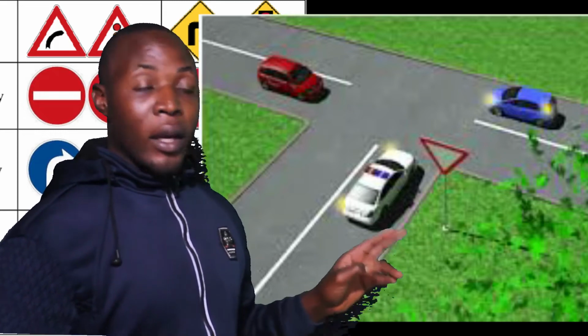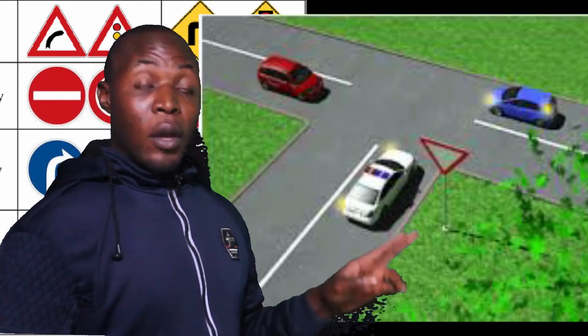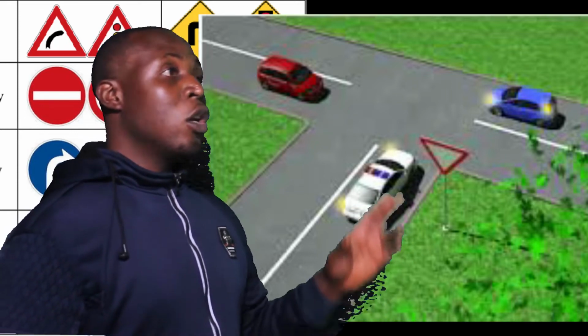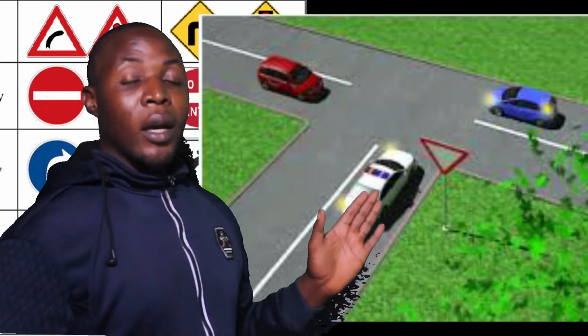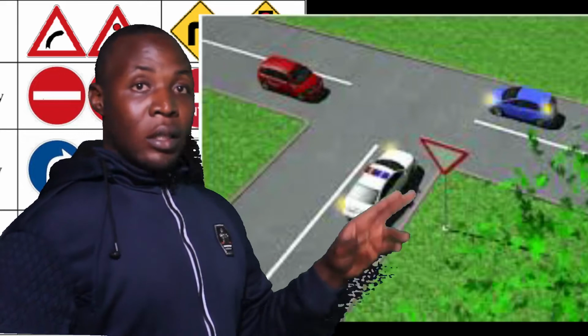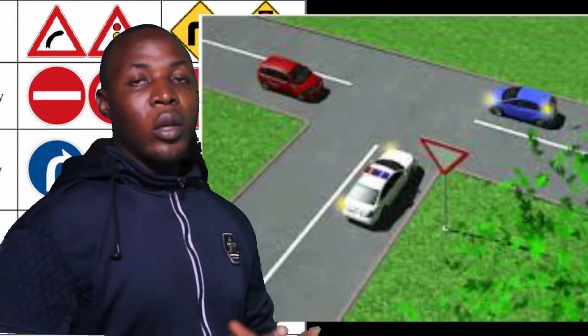So whenever you enter a T-junction and you want to change direction, know that you have to lose priority. On this junction, the red vehicle has to pass, then the blue vehicle has to enter, before the white vehicle.